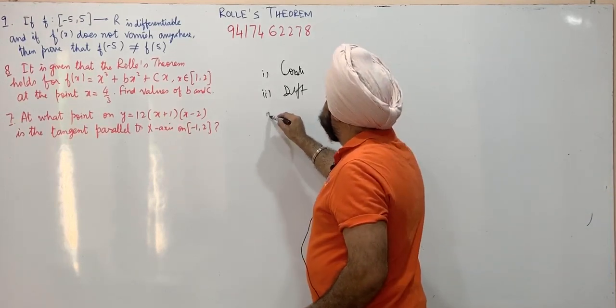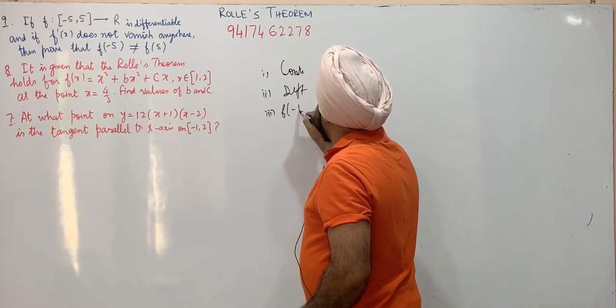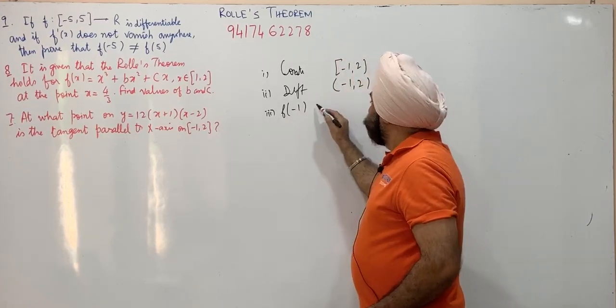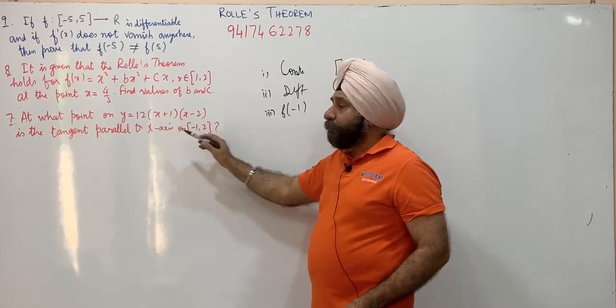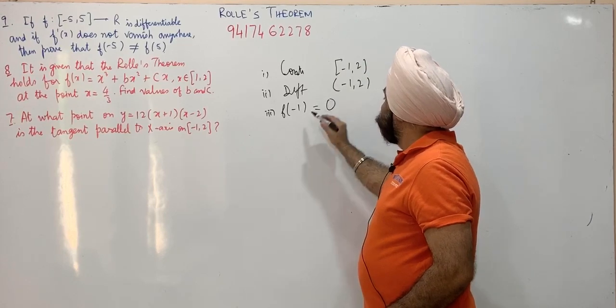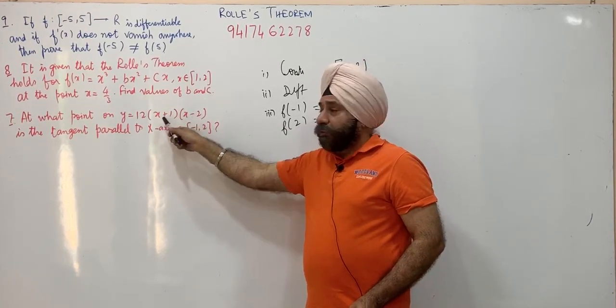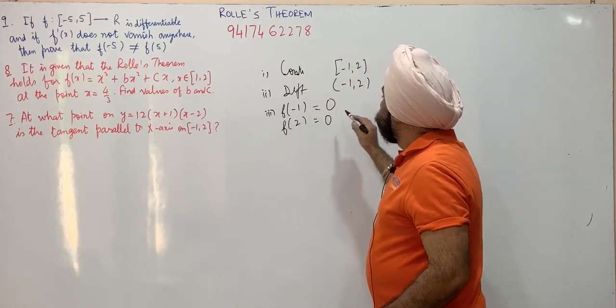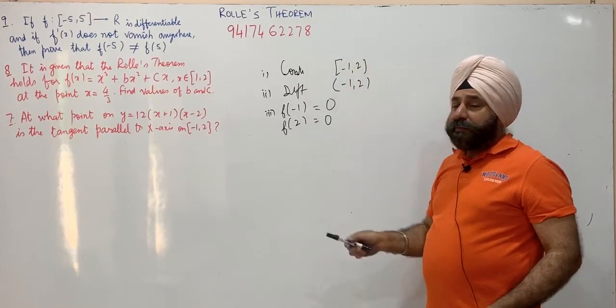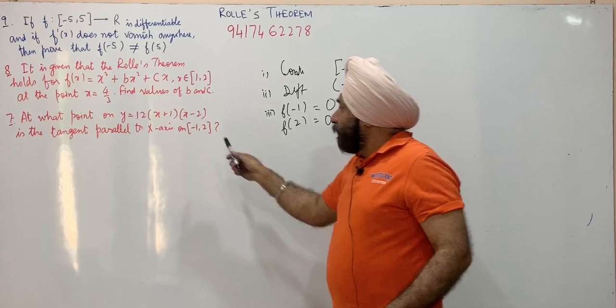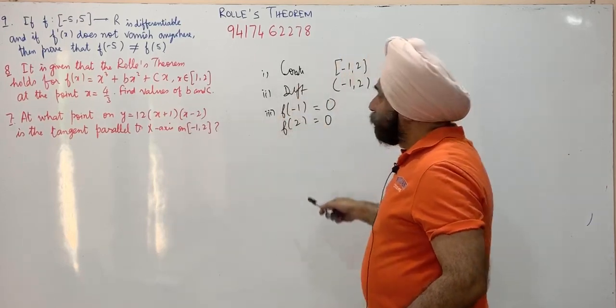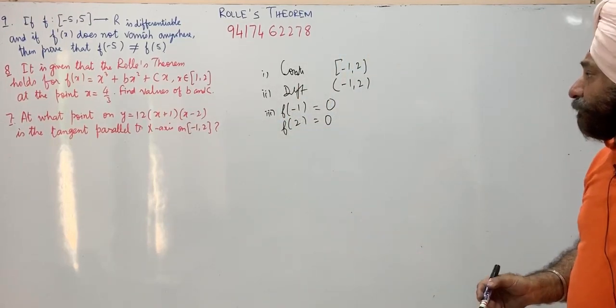Next we find the value of the function at the starting point of the interval. Since this factor will be 0, the value of the function is 0, and for f of 2, the second factor will be 0, so the product will be 0. So from 1, 2 and 3, can we say this function satisfies all three conditions of Rolle's theorem?